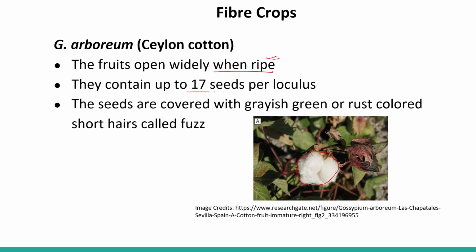They contain 17 seeds per locule. This is very important, because if the number of seeds is more, then you have more cotton. The seeds are covered with grayish green or rust colored short hair called fuzz.